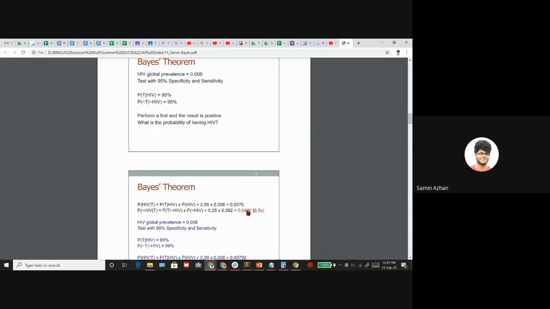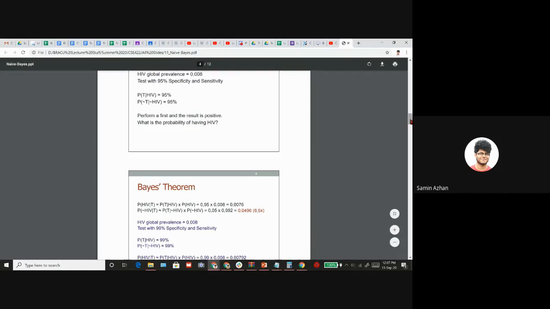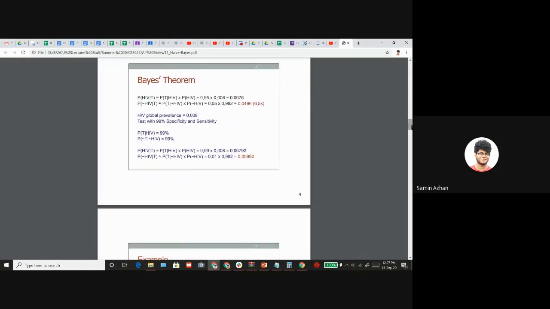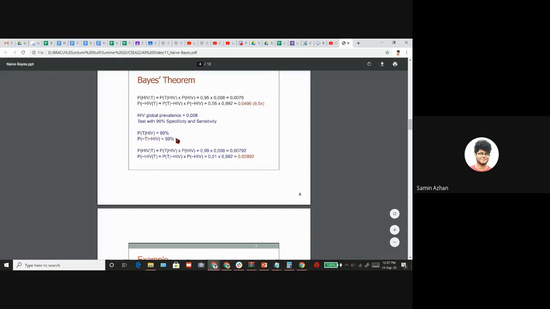This value is 6.5 times greater than that, so the probability of not HIV is greater. There's another example with slightly altered values, but it's basically the same thing. In that case, the probability of not HIV is also greater.